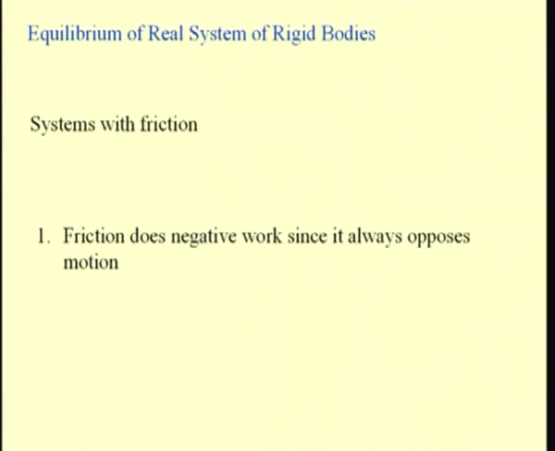We have seen that irrespective of the nature of the motion, the friction always tends to oppose the motion, and thus any virtual displacement if we consider, then friction will be against that virtual displacement and thus will cause a negative work.